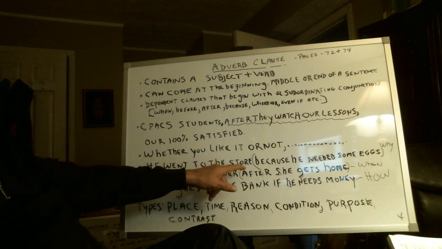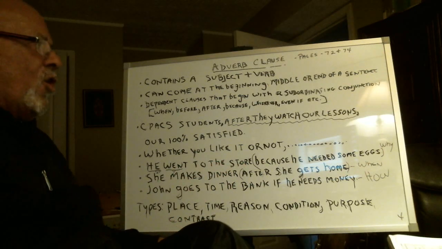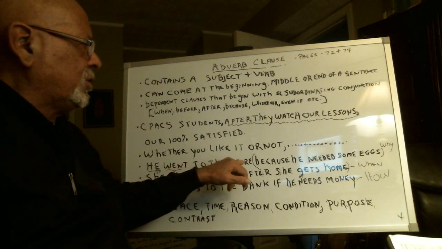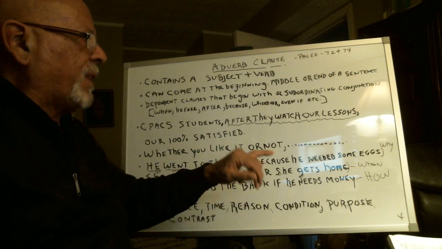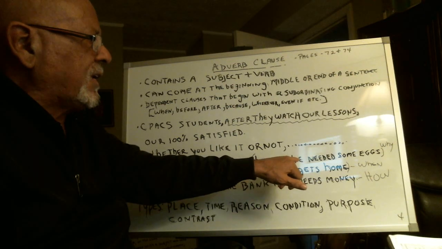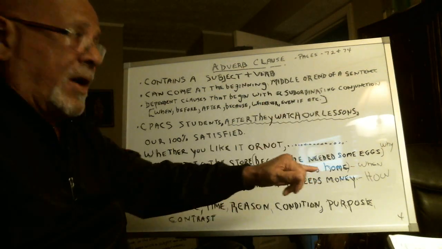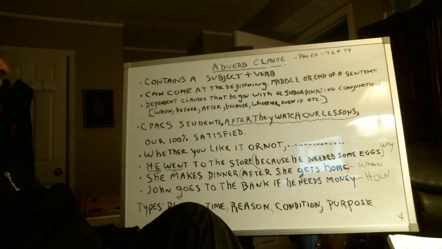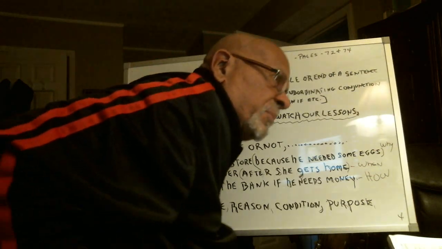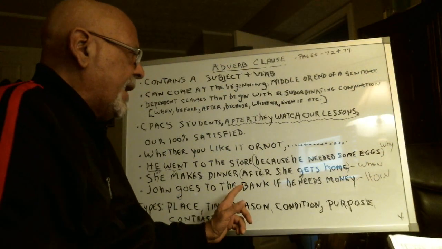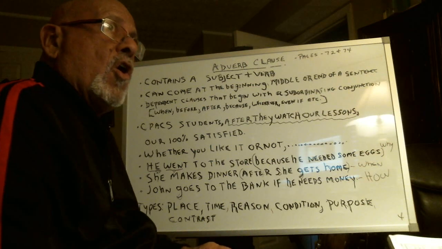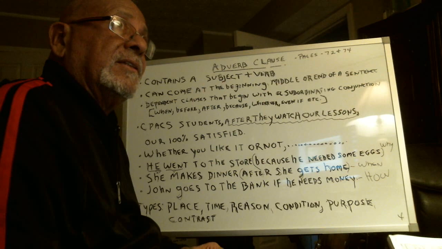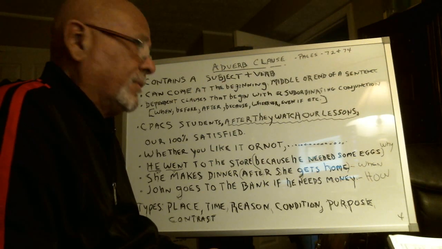So in the first sentence, we could say, because he needed some eggs, he went to the store. So we have to place a comma. Because he needed some eggs, comma, he went to the store, period. Second sentence: after she gets home, she makes dinner. Again, we have to place a comma.